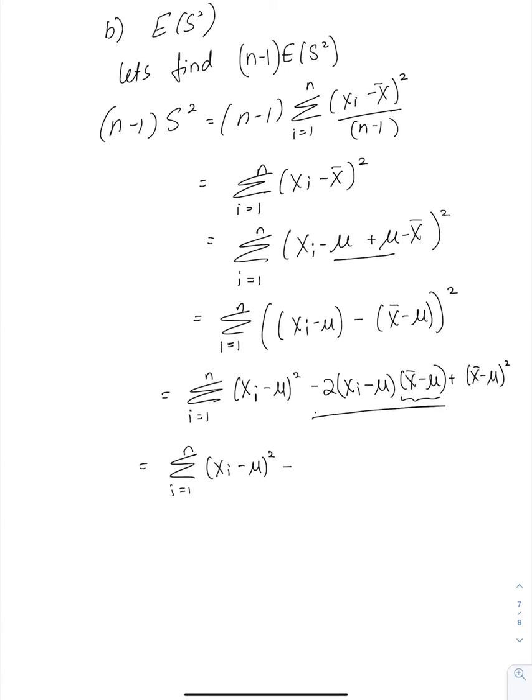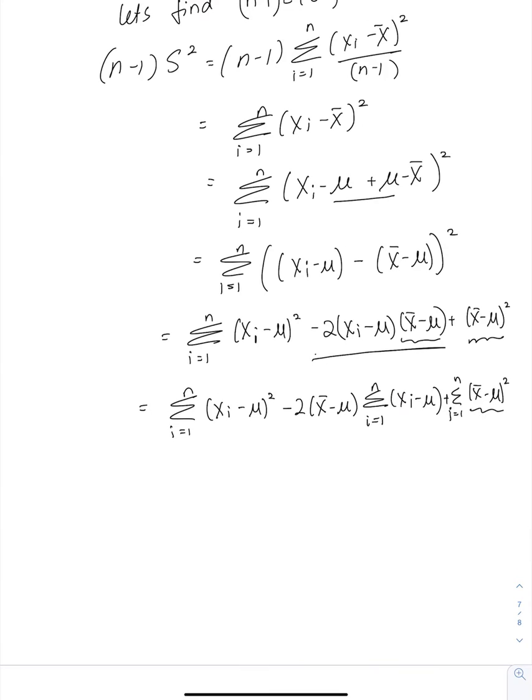So you can pull it out of the summation and just have a sum with the xi minus mu. And then the last term is the summation, i going from 1 to n, of x bar minus mu whole squared.